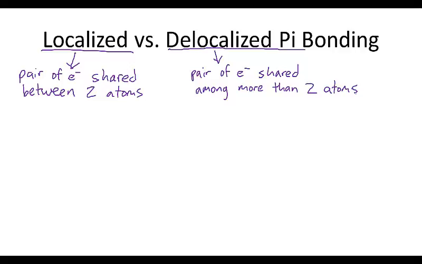So pi bonding, parallel p orbitals. You'll learn about it in Module 5 if you haven't done it yet. But pi bonding comes from overlapping parallel p orbitals.